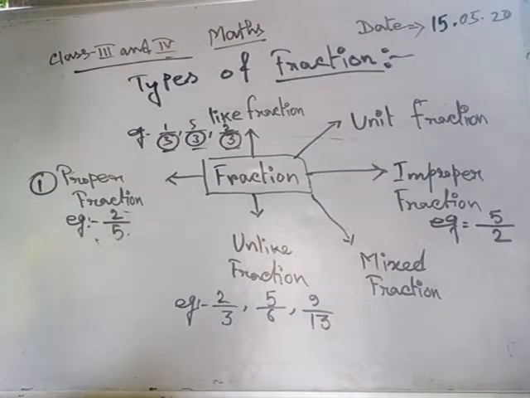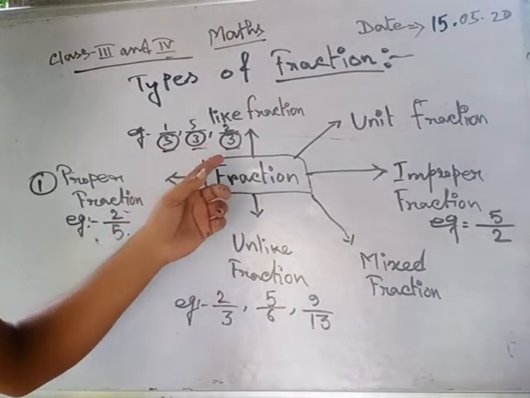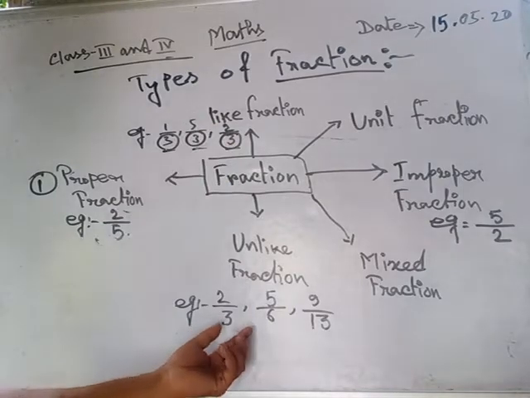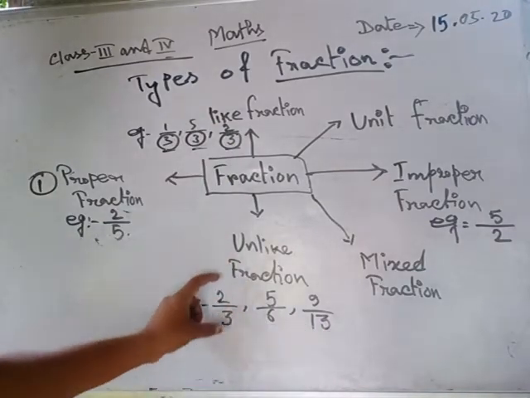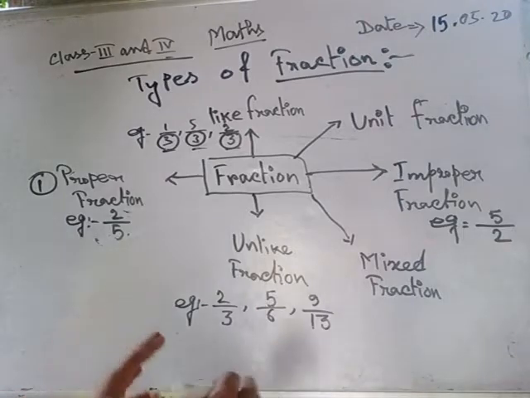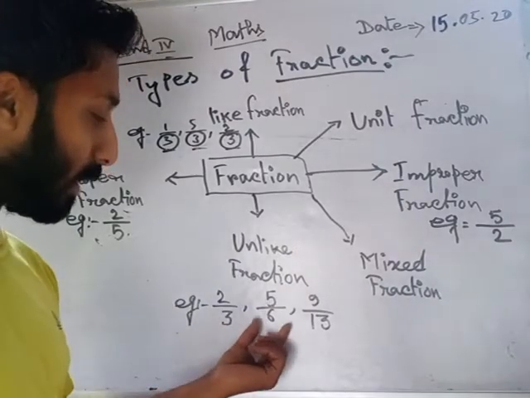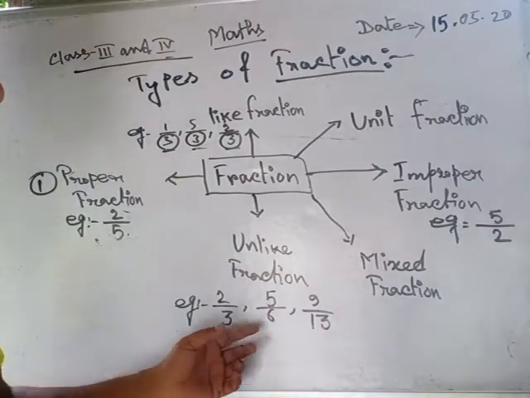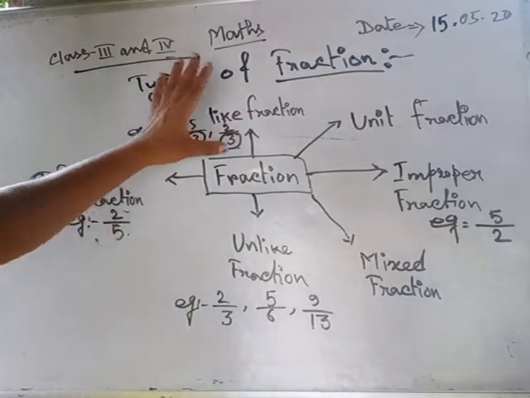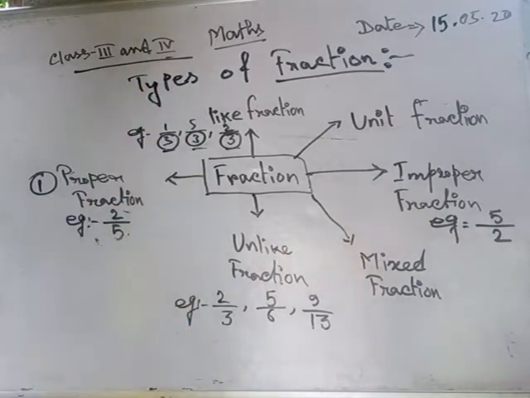When the denominators are the same, it is called a like fraction. When the denominators are different, not the same, it is called an unlike fraction. These are like and unlike fractions. After that I will go to the mixed fraction.